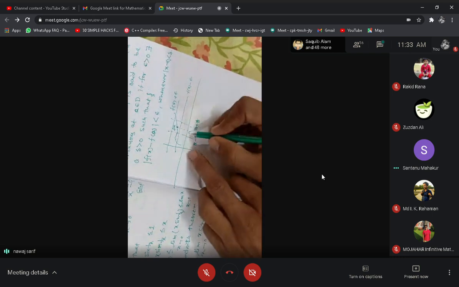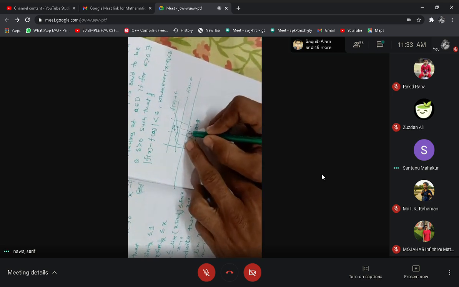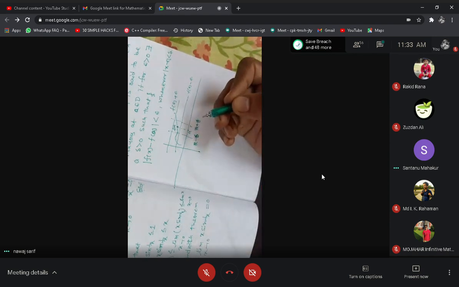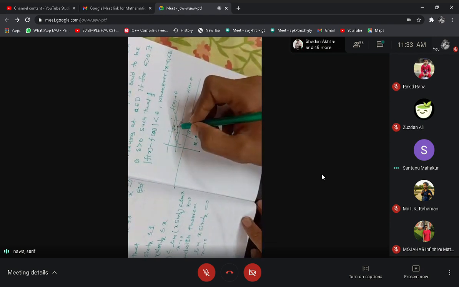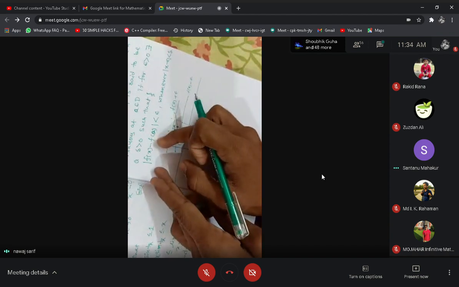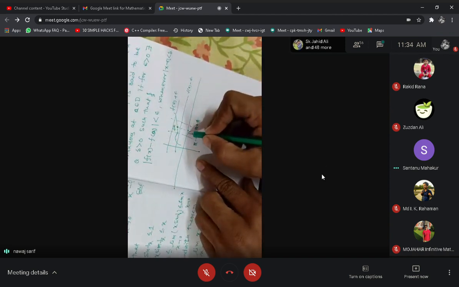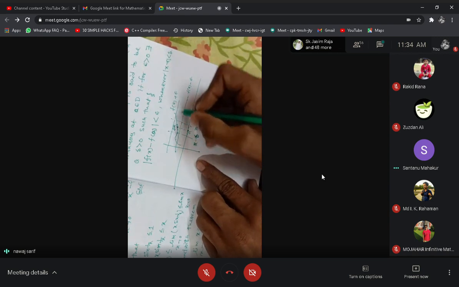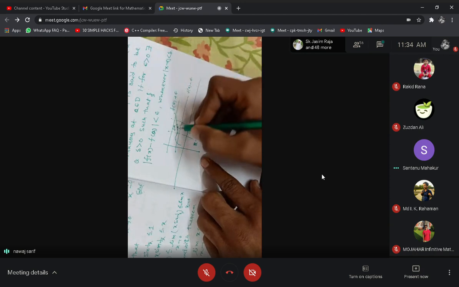That means when this point moves left or right, f(x) also moves a little bit, but the difference is very small. When the point approaches a, the function also approaches, but this epsilon is very small, so there is no break.